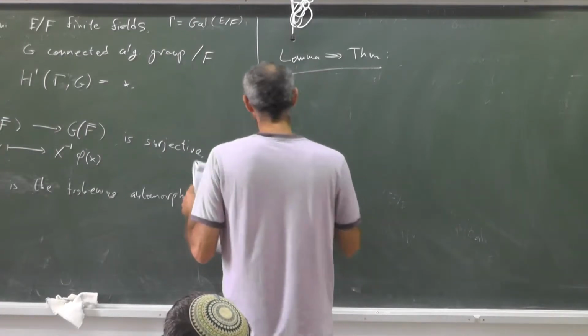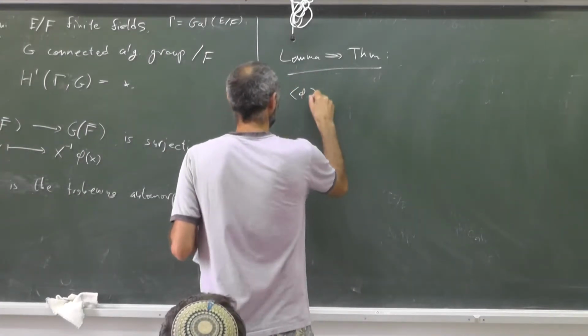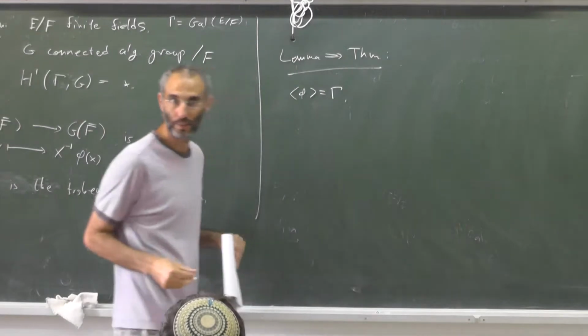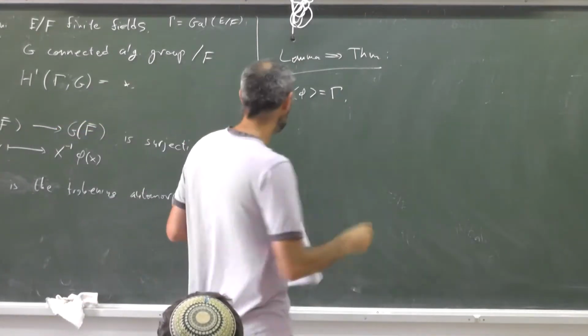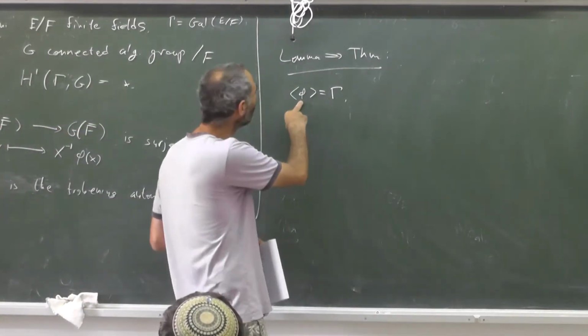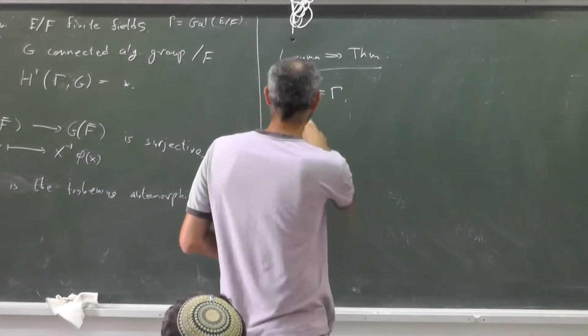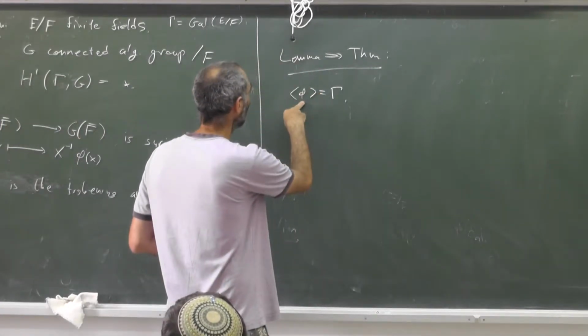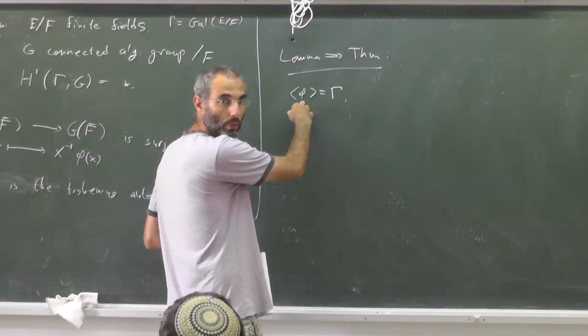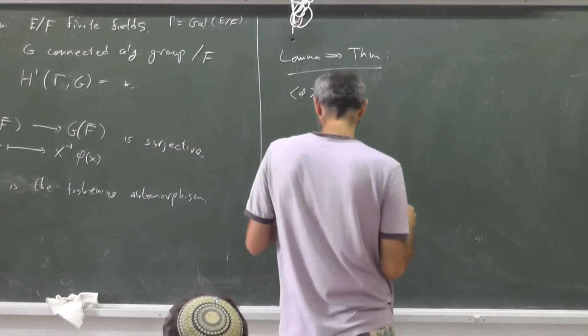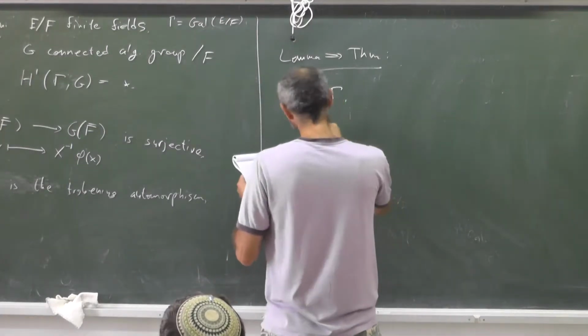Now I'm assuming this. But we want to view phi also as an automorphism of F bar, and take a cocycle.